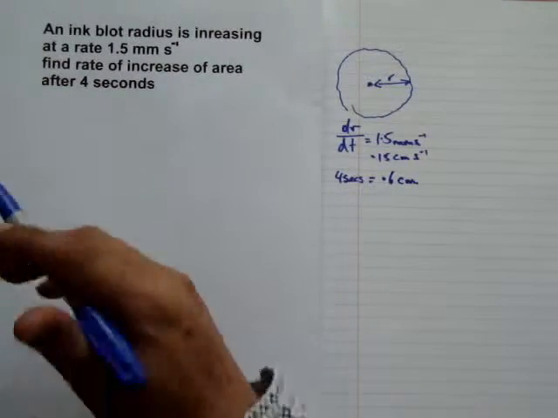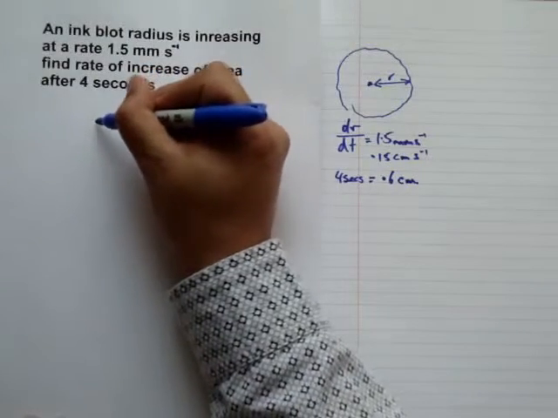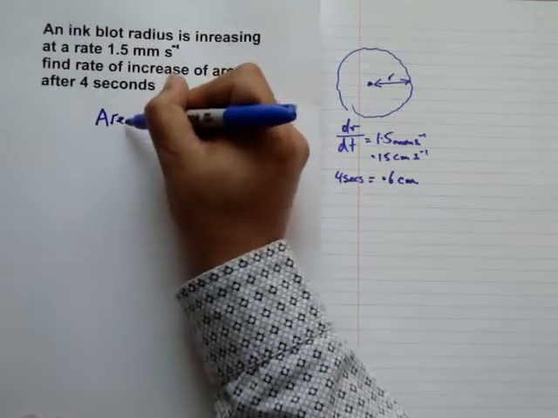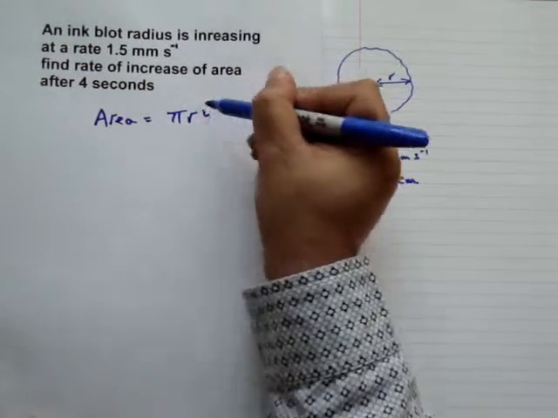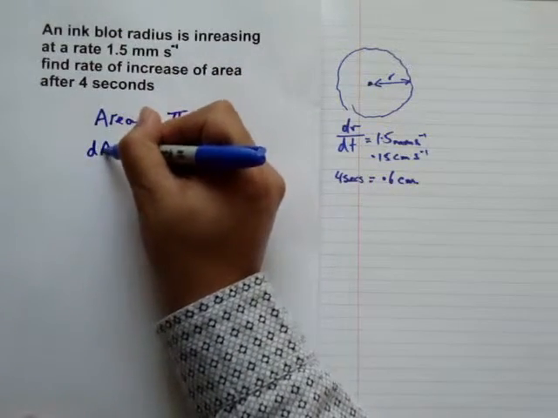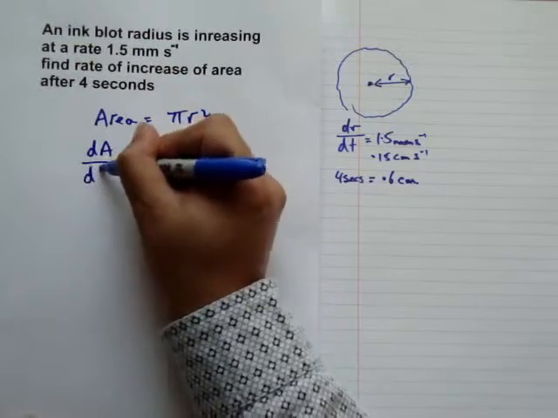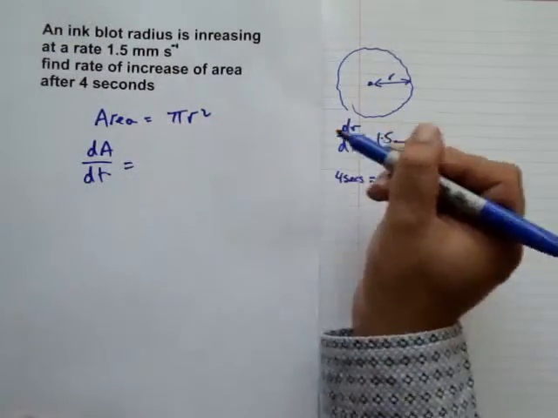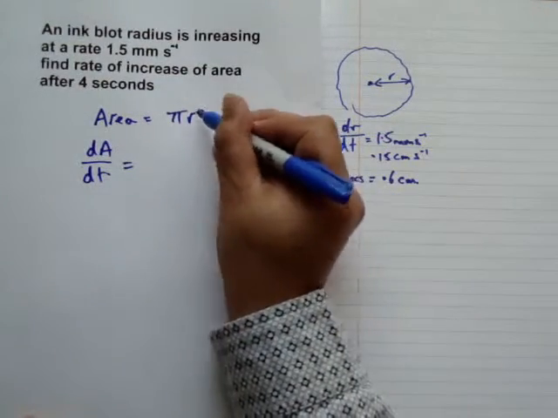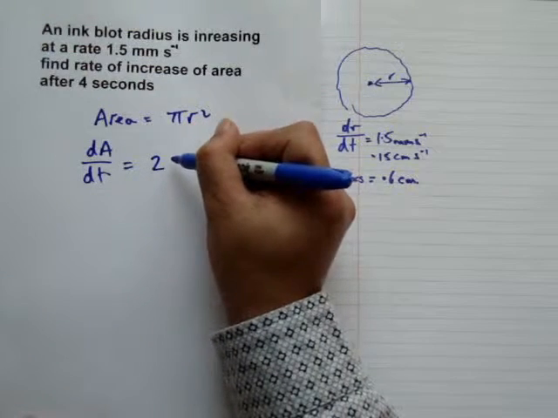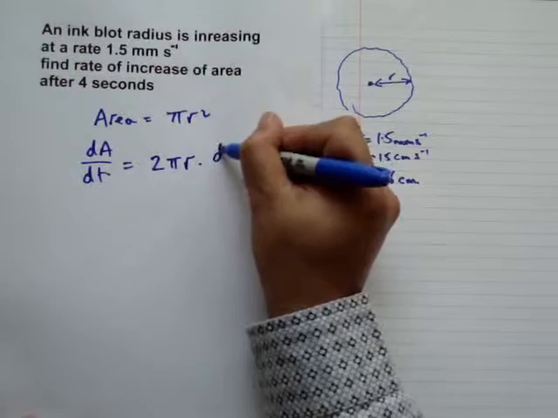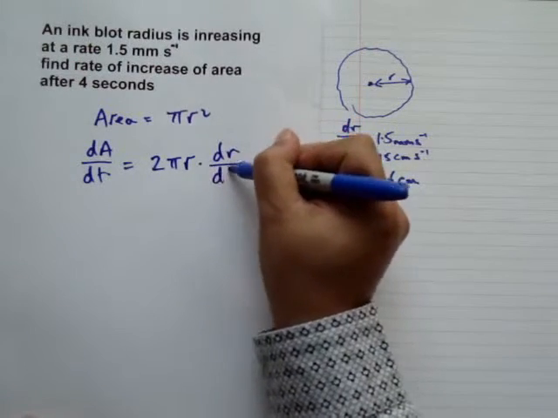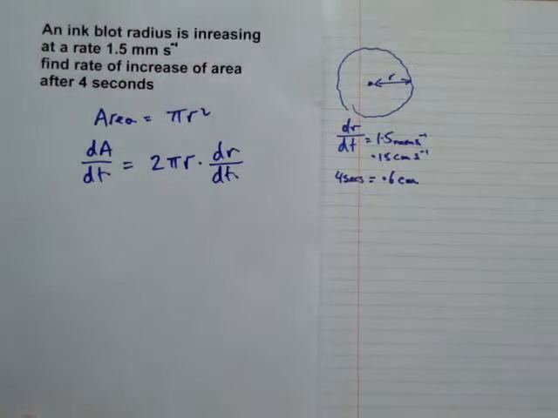So let's have a look. What's the area for a circle? Pi r squared. So dA by dt equals, bring the 2 down, so that's 2 pi r dr by dt, because we're differentiating implicitly.